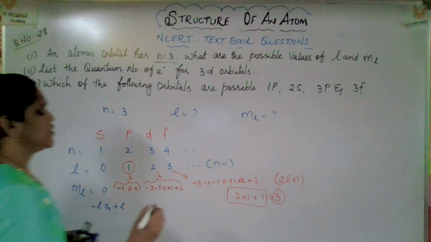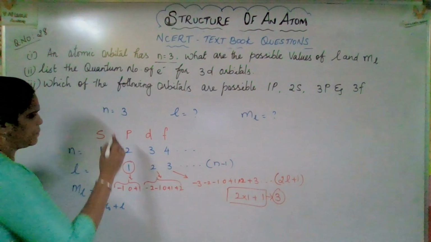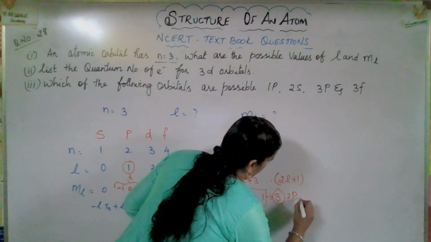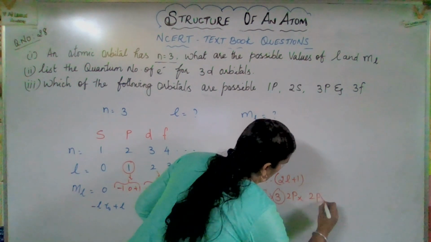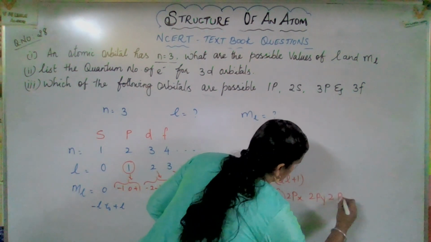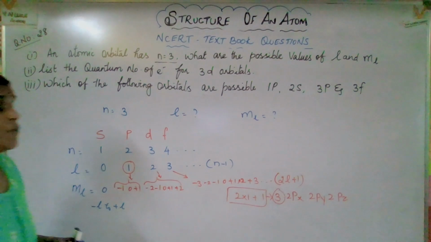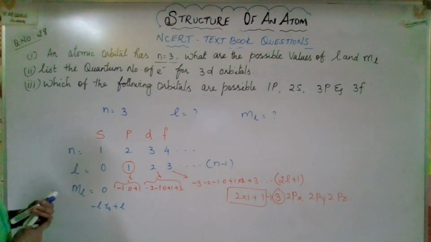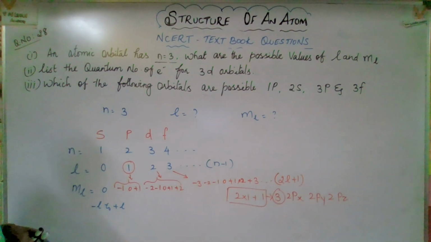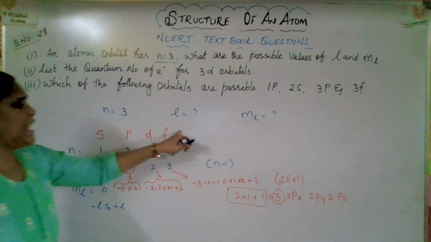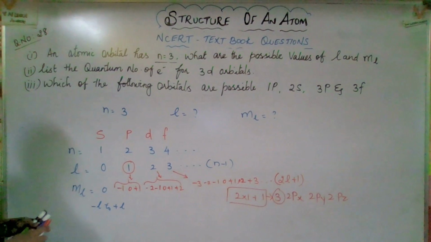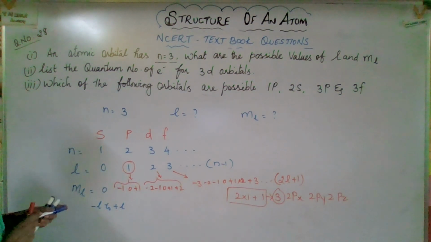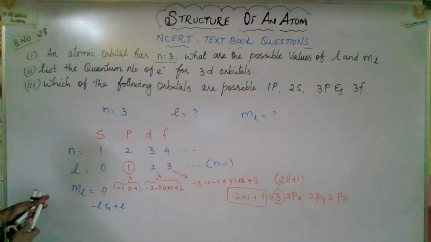That means it belongs to the p orbital, so we can arrange it as 2px, 2py and 2pz. Now, as we are talking about n equal to 3, they ask about l and m. As I mentioned, I hope you got an idea for getting the answer.